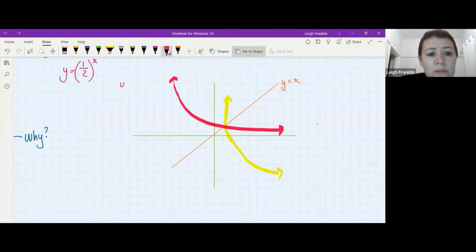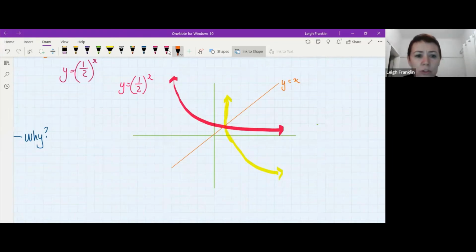Okay, so if this is the graph y equals half to the x in pink, then when it has been reflected over the line y equals x, it now looks like this. I'll write this in orange. Again, we're going to switch x and y around, so we would have x equals half to the y.